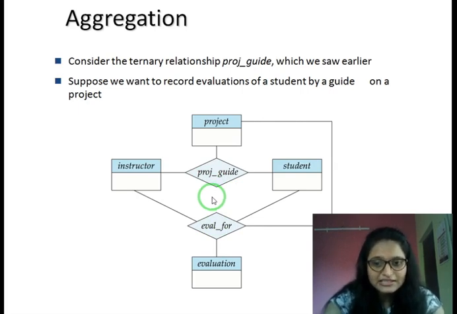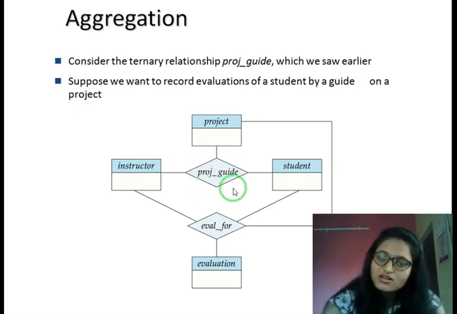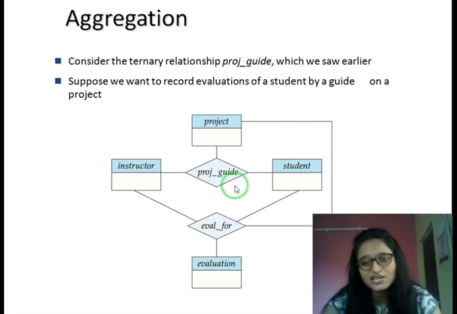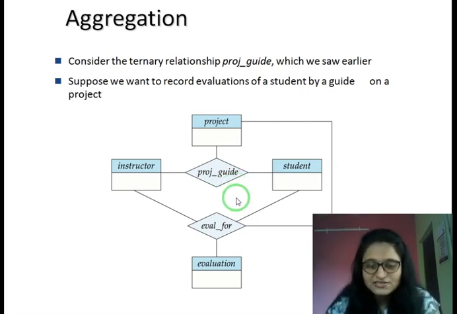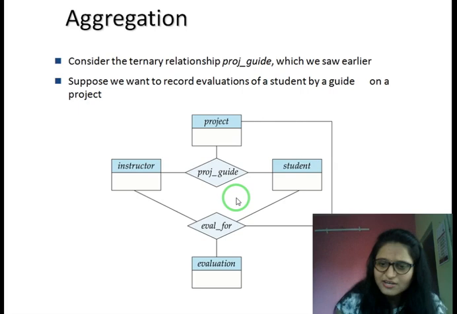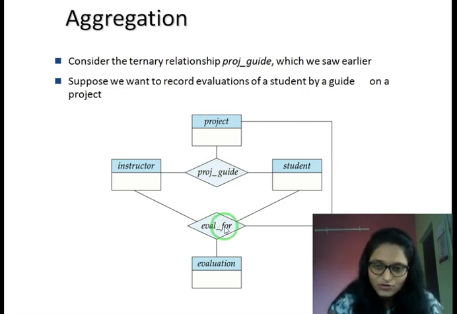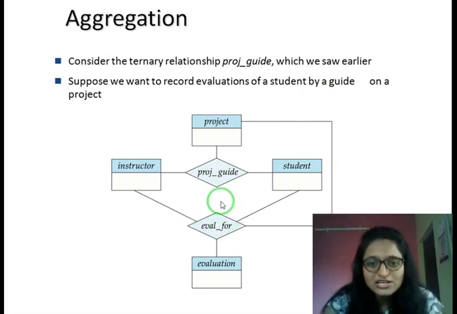So you must maintain project_guide separately, because for some groups the evaluation is done and some groups are remaining. The records for the remaining groups come from project guide, and evaluation means we are done with the evaluation, right? These two relations must have separate values, but they bind with the same entity sets.